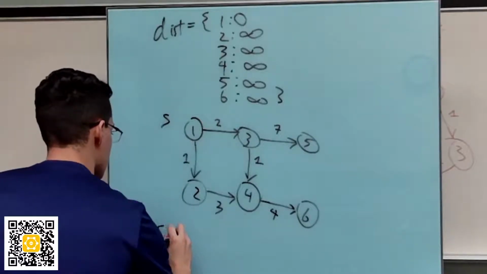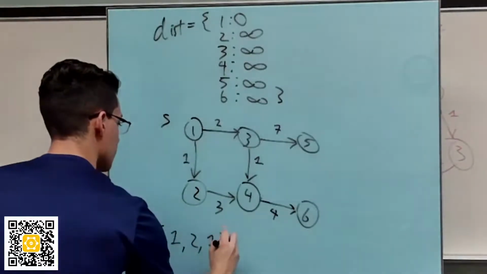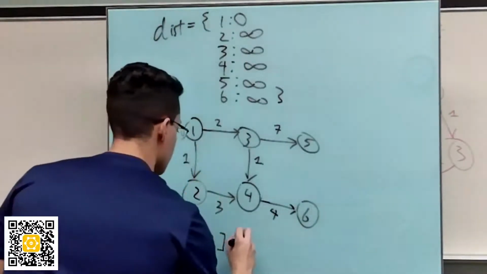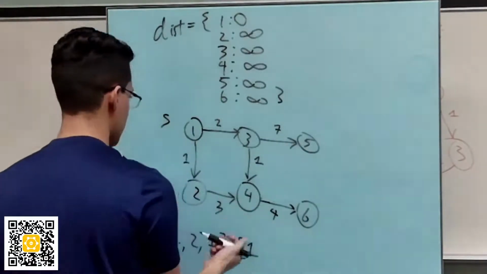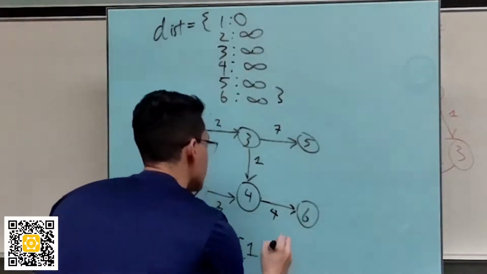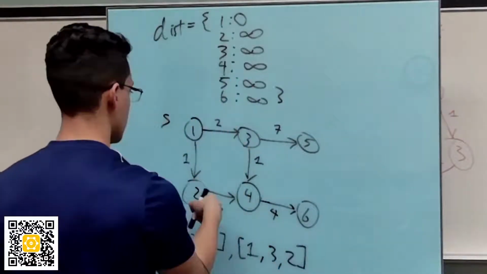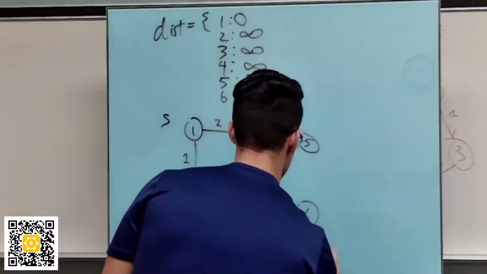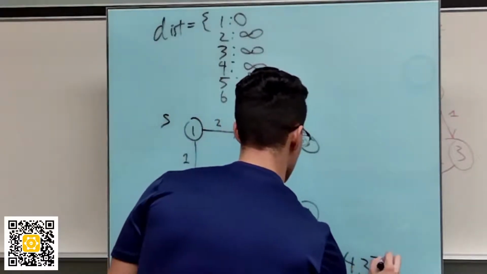It's going to be 1, 2, 1. And this one's going to be 1, 3, 2, and 2, 4, 3.